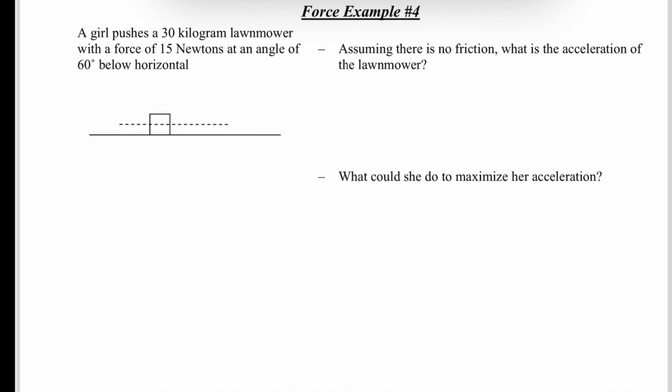Now let's take a look at one more example. We have a girl pushing a 30-kilogram lawnmower with a force of 15 newtons at an angle of 60 degrees below the horizontal. If we draw out our free body diagram, we have the force of gravity pointing down, the normal force pointing up, and then we have this 15 newton force at 60 degrees below the horizontal.